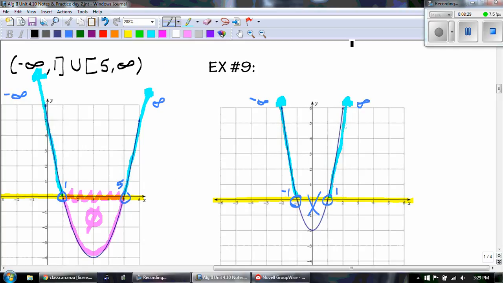Okay? So we would write that from negative infinity to negative 1, break, the union, and then we pick it back up from 1 to positive infinity. Remember, the brackets are when we have a number. We use the parentheses for negative infinity or positive infinity.